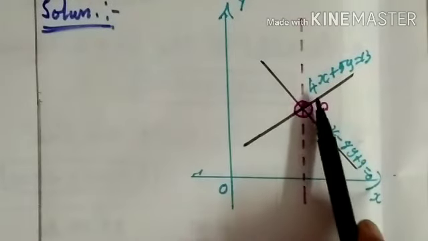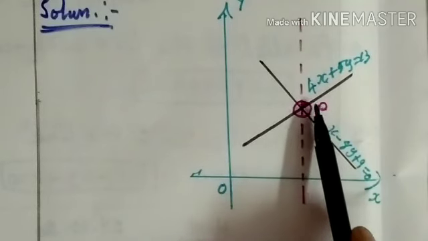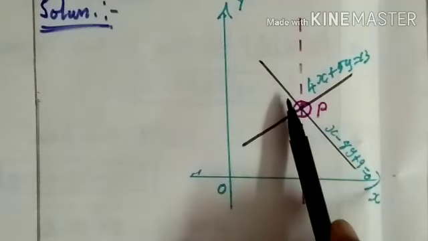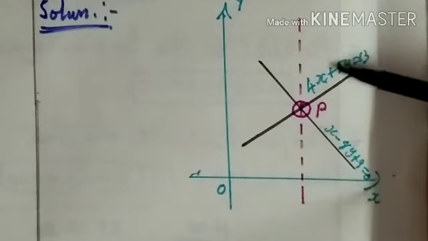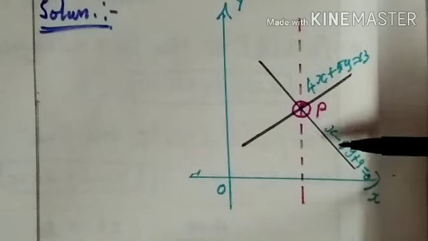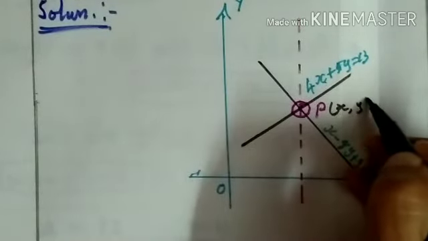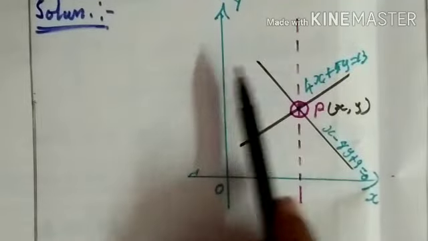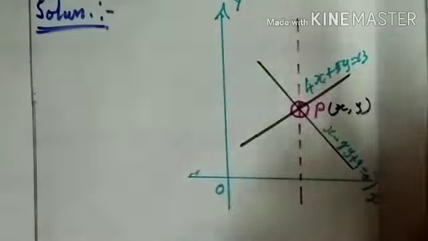So first you have to find the intersection point. How you have to find this point? Yes, two equations are given in the question. So, you have to solve these equations by using elimination method, means we get the point x comma y. The next given, this line is parallel to y-axis.